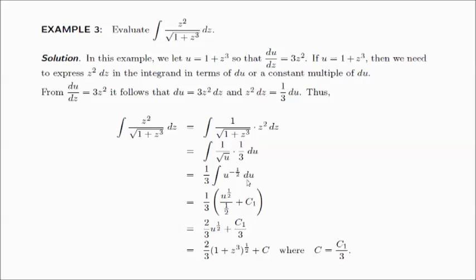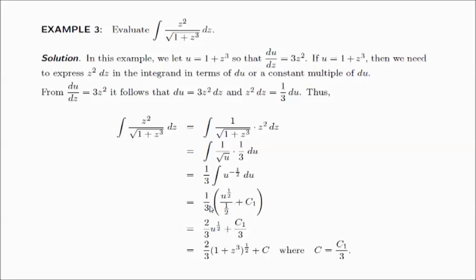Okay? And then ito, nasa ayos na ng power formula, kaya pwede na natin mag-add ng 1, so magiging 1/2 over 1/2. And then reciprocal nito is 2, kaya magiging 2/3 u raised to 1/2. So dinistribute yung constant.